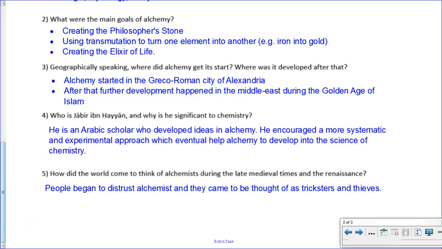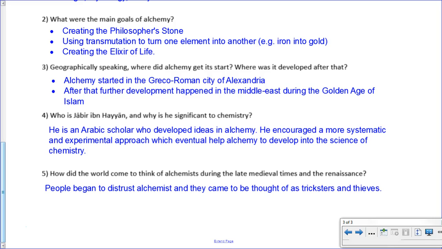And so you can see here that he's working towards something that looks a lot more like chemistry than it does alchemy. And so some people consider this person to be the father of modern chemistry, like the first guy who did chemistry as it is today. And so he's the reason why chemistry developed, alchemy sort of died off. He was a big person in that development there.